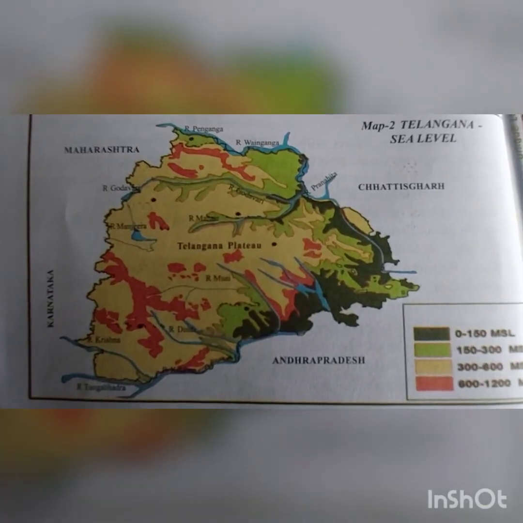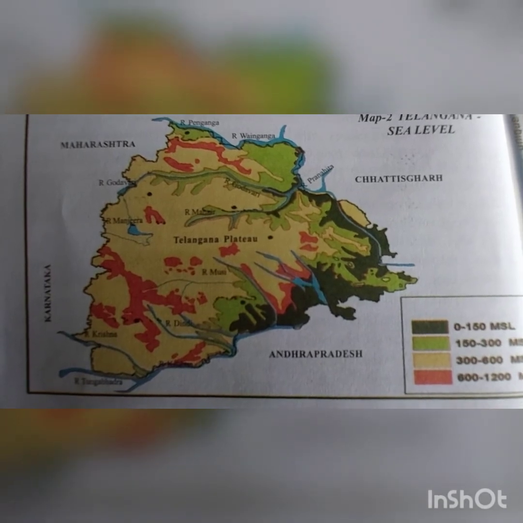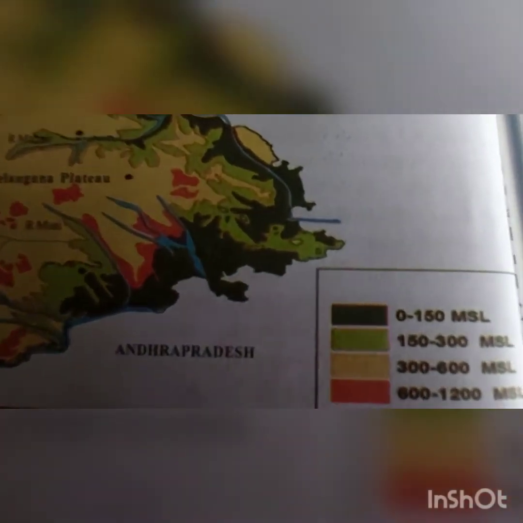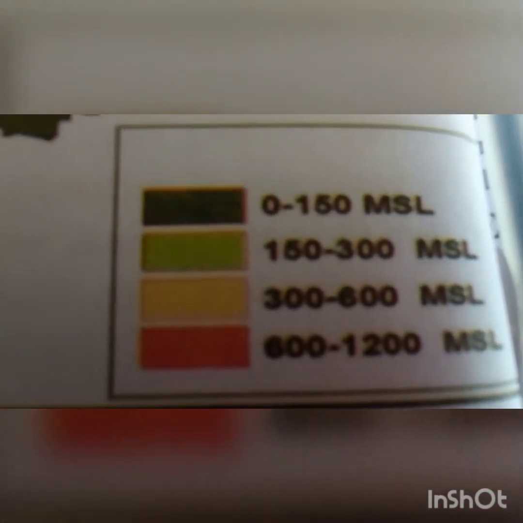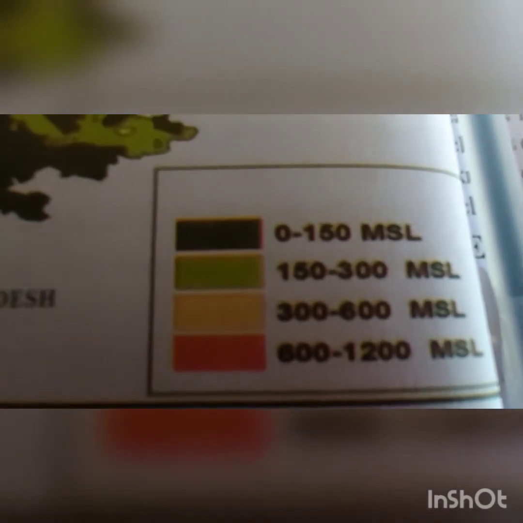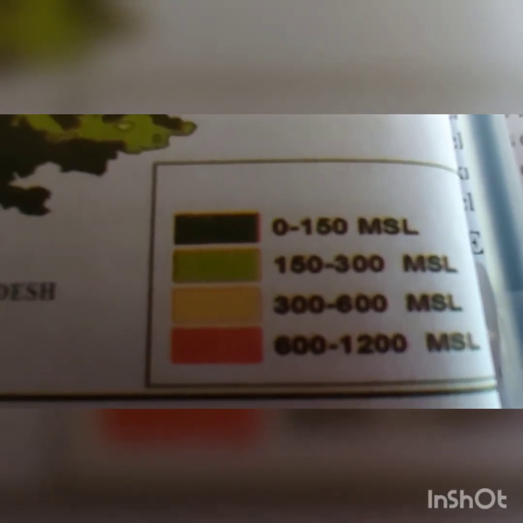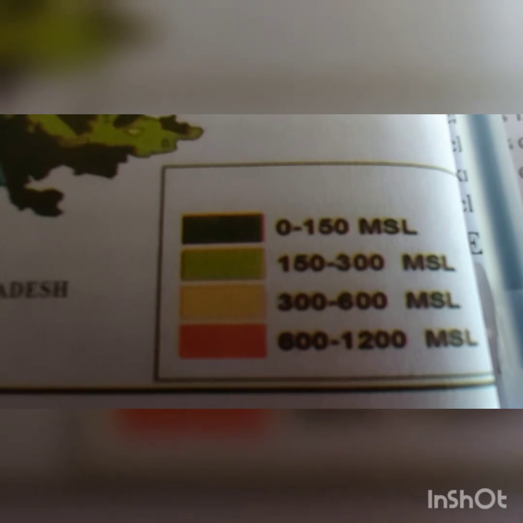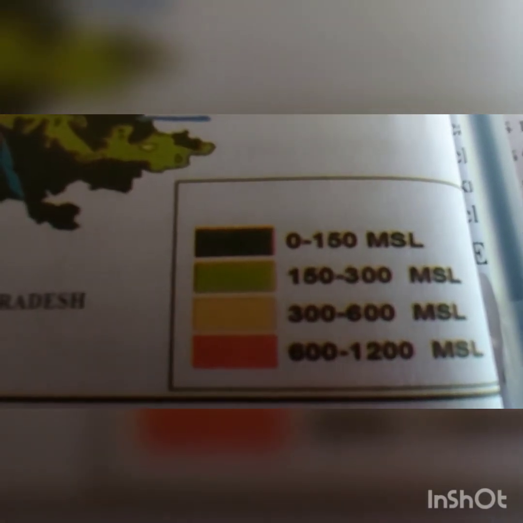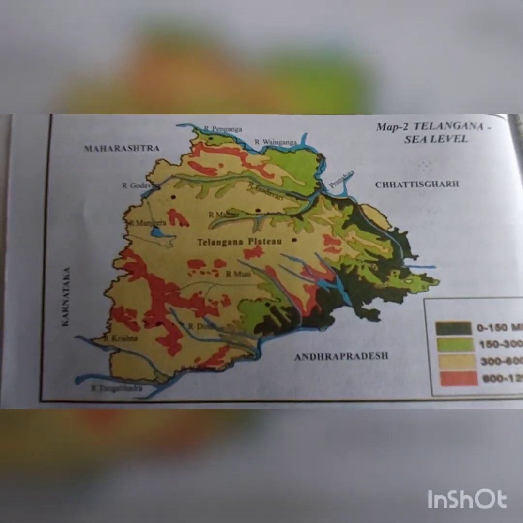Now look at this map, children. It's a map of Telangana showing the MSL, that is the height of the land. The geographical features, what is that height? You see the index here: dark green 10 to 150 MSL, light green 150 to 300 MSL, yellow for 300 to 600 MSL and light brown for 600 to 1200 MSL.